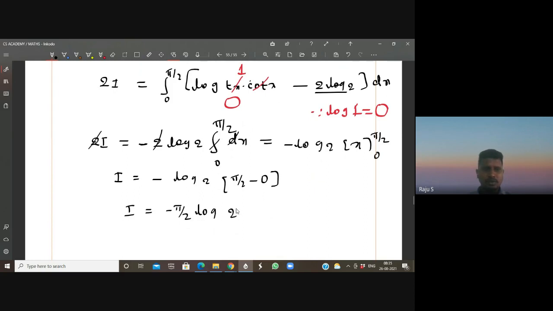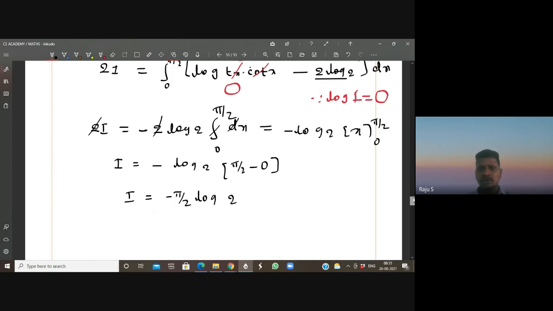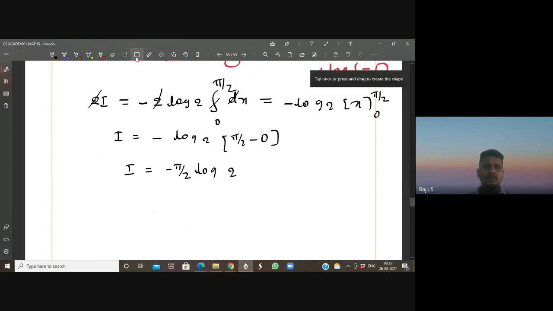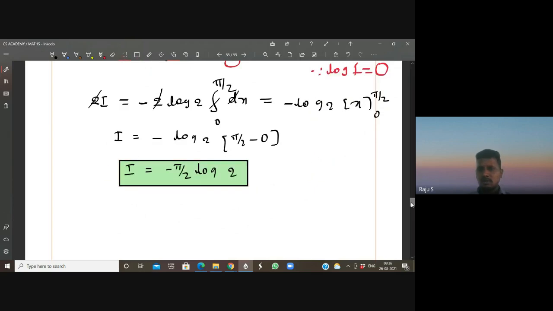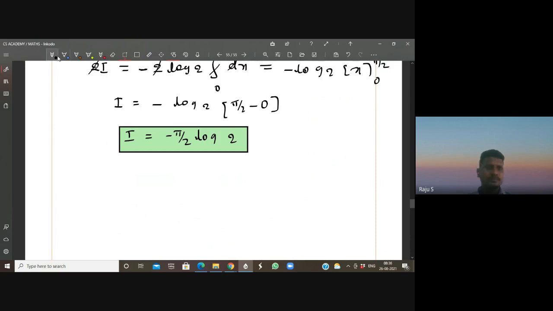Pi by 2 log 2. What is the answer they have given? This is absolutely the right answer. Once you look at the NCERT answer, clear? In case you want, you can write it like this: you can take the minus inside log 2.